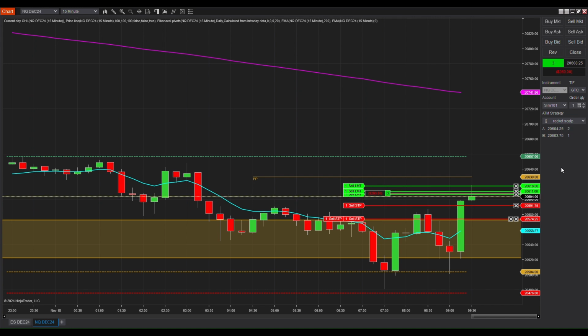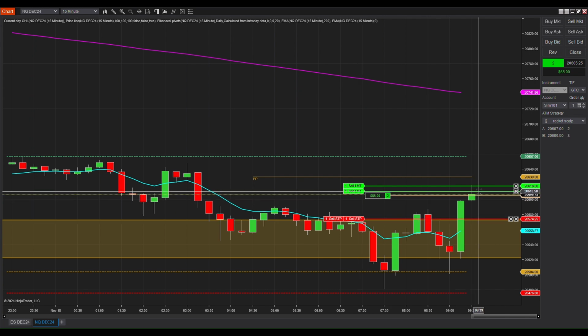Order filled. Target filled. Let's pull back to the upside. I want to see that take that out, then I'm going to just stop up here to trail it. That's a pullback going up to the upside.